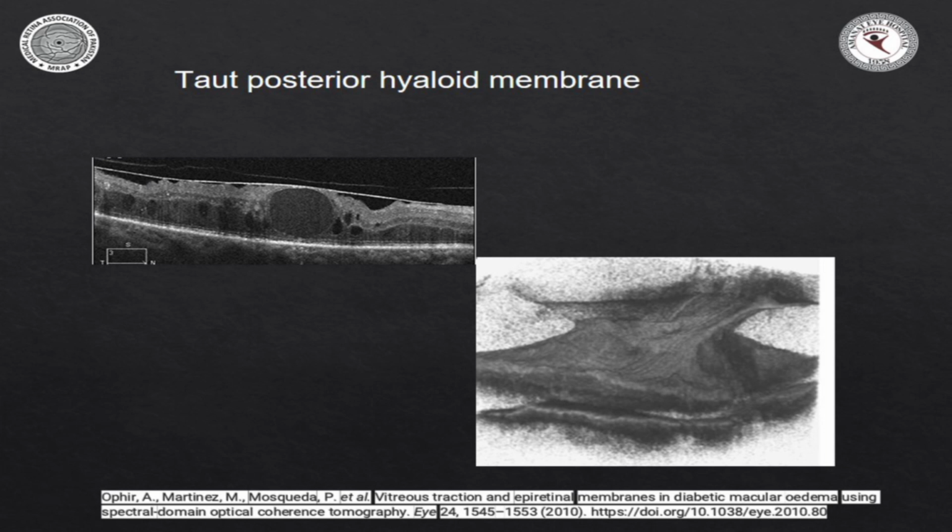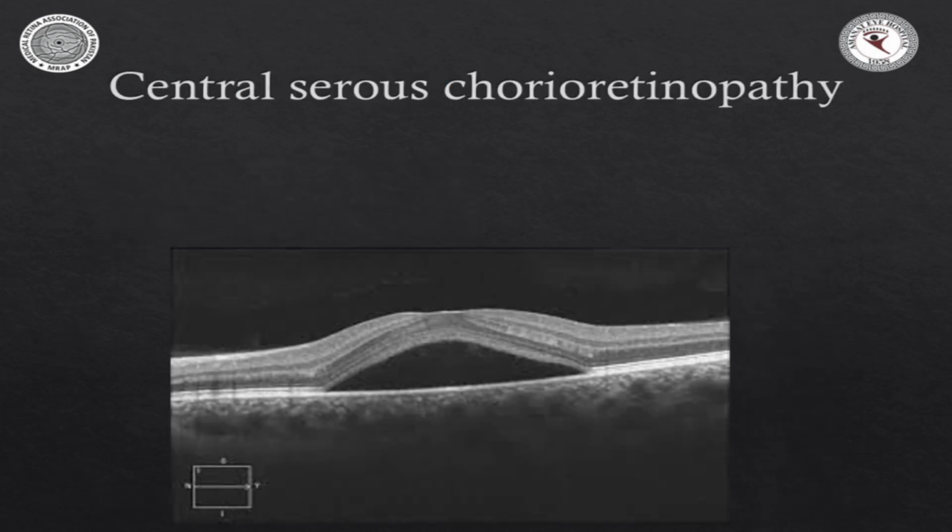But then if you view the same patient under a 3-dimensional view, that taut posterior hyaloid membrane is actually causing significant mechanical traction on the retina, and therefore makes it unlikely that this patient is going to respond to anti-VEGF. So all those signs of diabetic macular edema that we miss just by looking at CRT and macular volume. And there's something that if you just look at it a little deeper, then you realize that there's a lot more that you can catch out of the OCT.